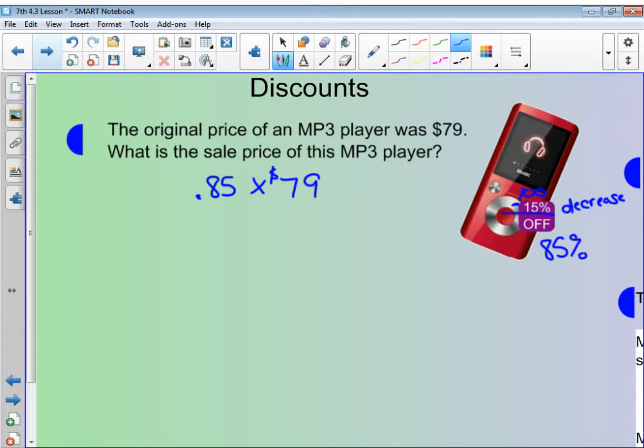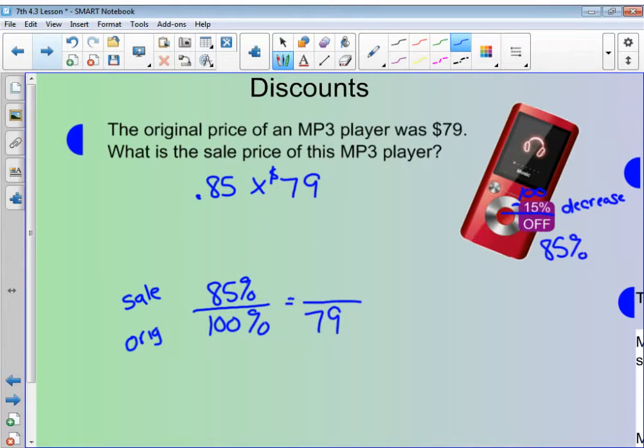The other method, I could set it up as a proportion, 85% over my original. Remember, this is going to be your sale or selling price, and this is the original. 100% is the original, and my original price of the MP3 player was $79. Now if I use either of these, I should get the same answer.